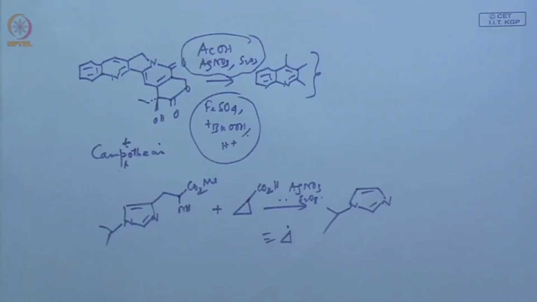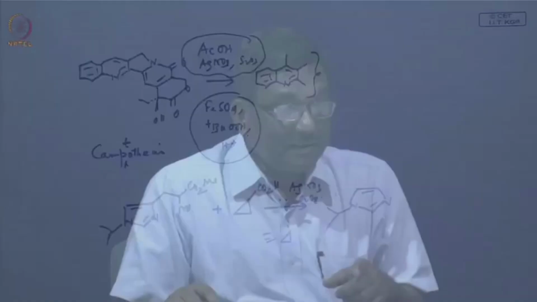That is the beauty. Nowhere in the chemistry have we seen a cyclopropyl radical. Cyclopropyl methyl radicals are known, but this radical is not that commonly used. And so, you can generate that.